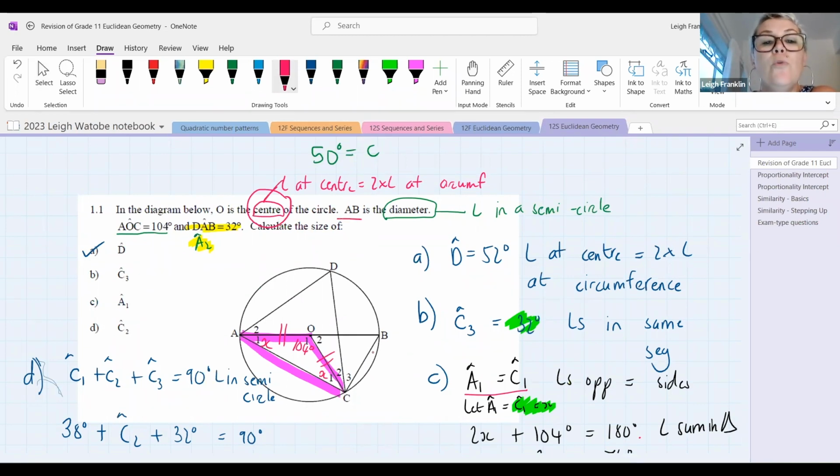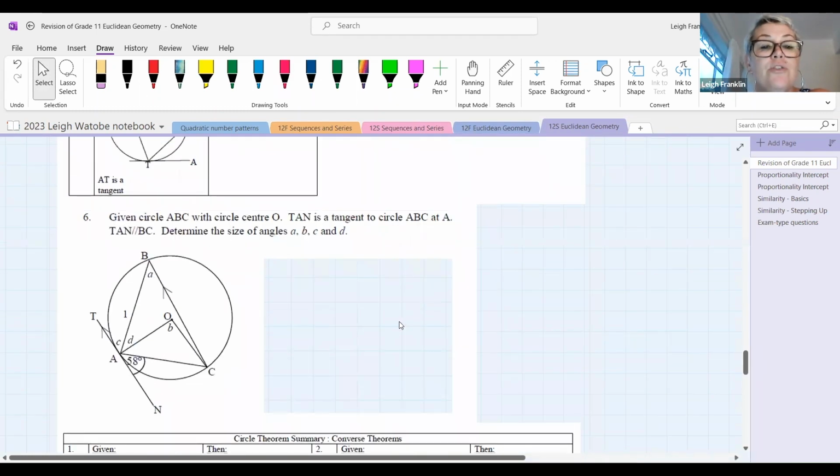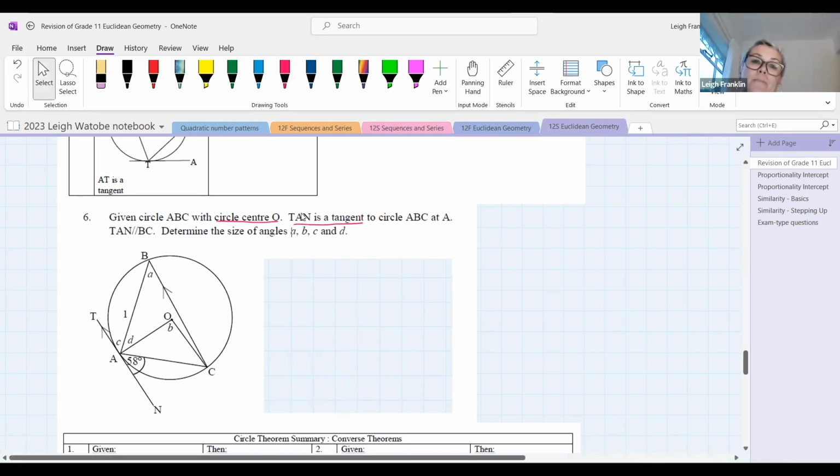Or when you read the words AB as a diameter, you've got to relate that to a reason that you know. If we look down here at some of these other questions, we've got circle center O. So straight away, we think about angle at center is twice angle at circumference. Or here where they say TAN is a tangent to the circle, we start thinking about the tan chord theorem. So that is the most important thing.